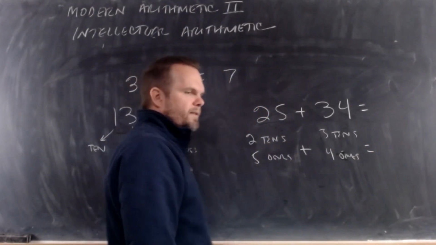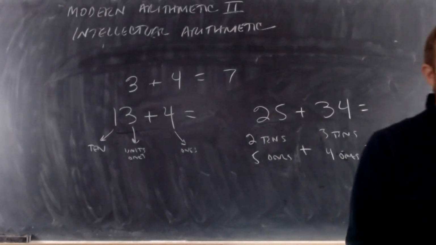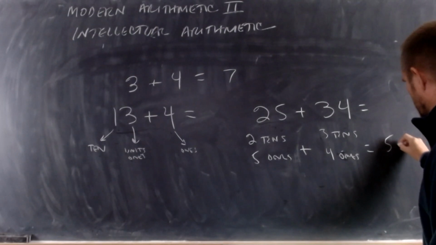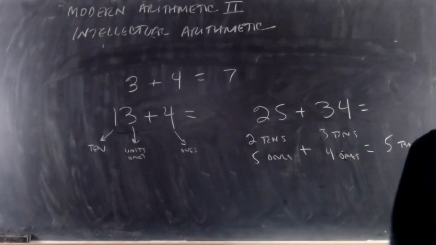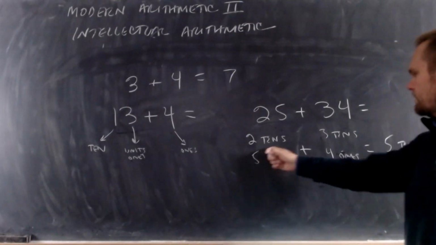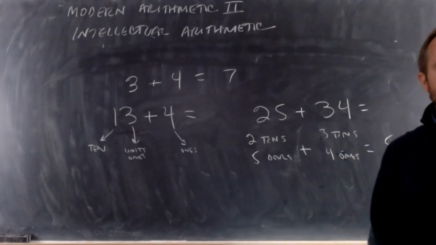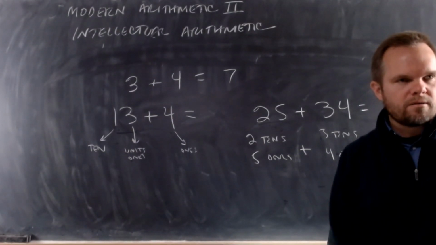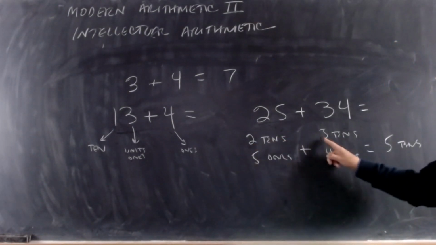What's 2 tens and 3 tens? 2 tens and 3 tens are 5 tens. And in intellectual arithmetic, how do you know that 2 tens and 3 tens are 5 tens? Because 2 plus 3 is 5.